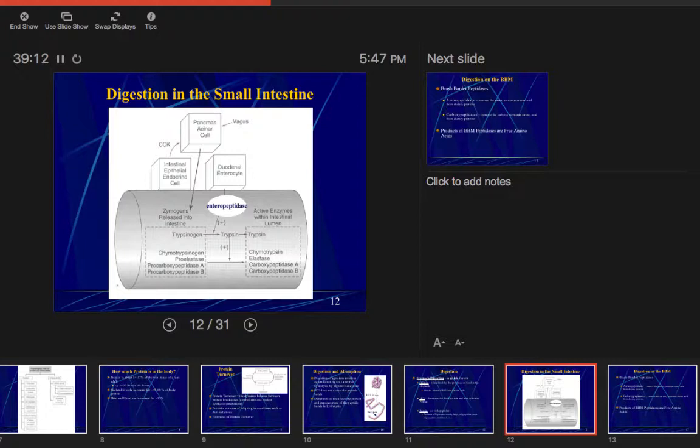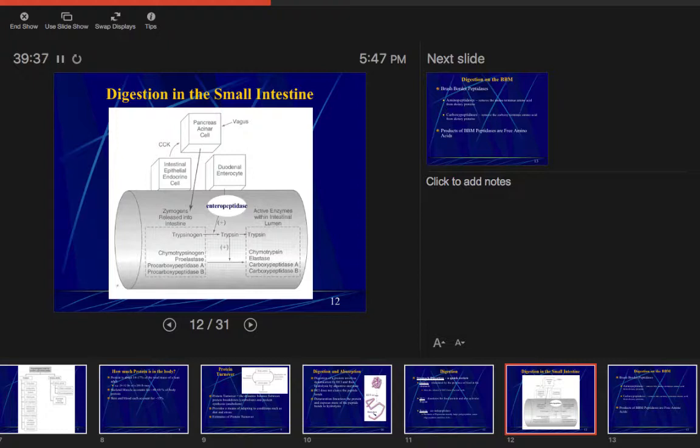So this looks a little messy. It's actually simpler than it looks. Let's imagine the stomach's here. So now these proteins are coming into the small intestine. Remember, the small intestine is lined with enterocytes, major function, absorption.